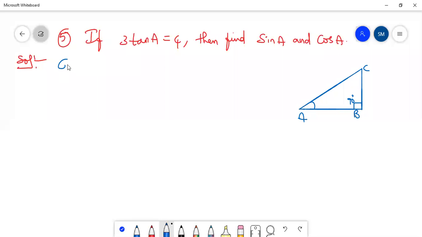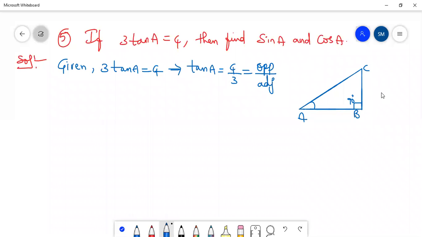Given that the relation is 3 tan A is equal to 4. Taking 3 to the right side, tan A is equal to 4 by 3. We know that tan A is equal to opposite by adjacent. Opposite is 4, adjacent is 3.